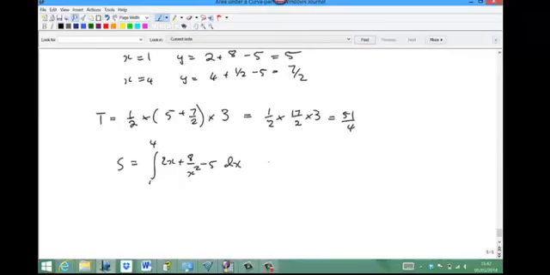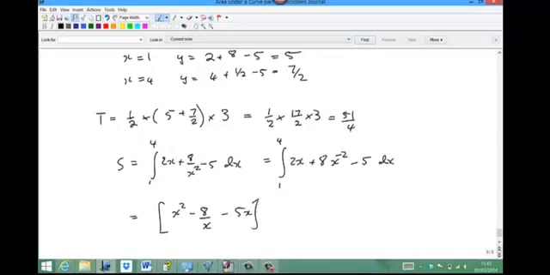We need to write that as a series of powers of x, so we'll write the 8 over x squared as 8x to the minus 2, minus 5 dx. Then integrating, 2x becomes x squared, x to the minus 2 integrates to x to the minus 1 over minus 1, multiplied by the 8, so that'd be minus 8 over x, minus, integrating 5, you get 5x, between 1 and 4.